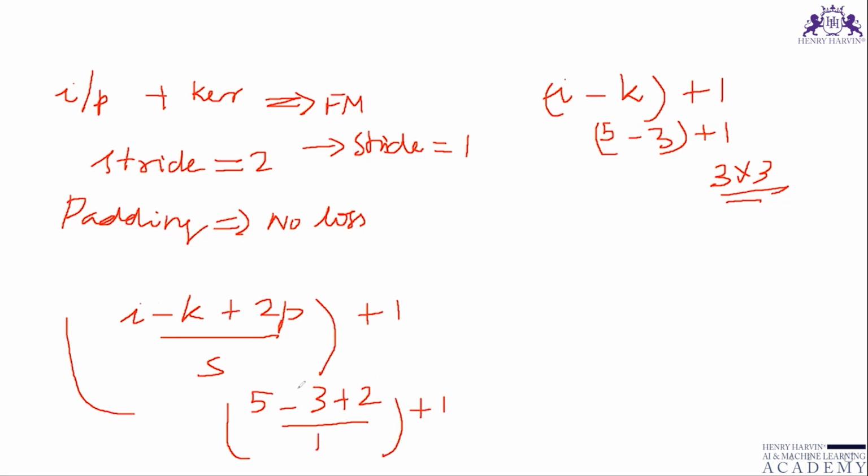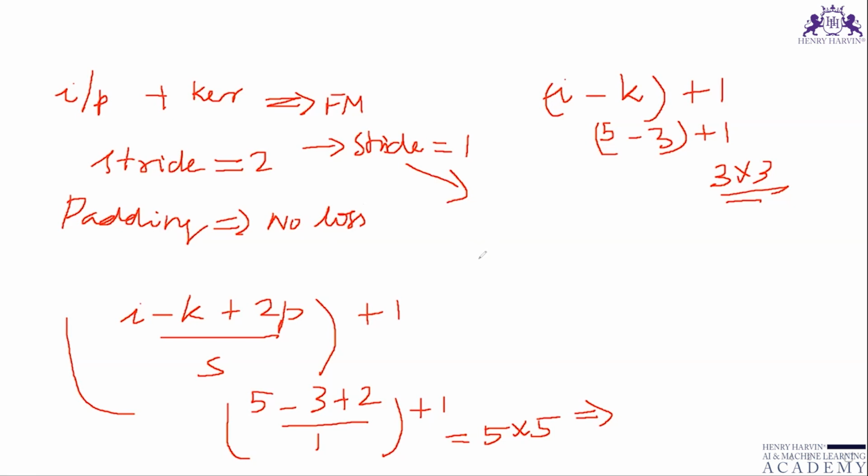What did we get? 5 minus 3 is 2, 2 plus 2 is 4, 4 plus 1, 5 cross 5. That's why I said we are not losing any information. If you use stride as 2, it will change. Clear? Yes. So this is another formula. And then here, what did we see?